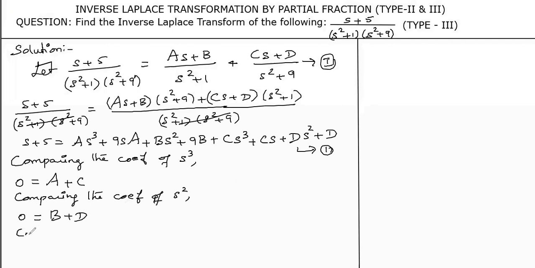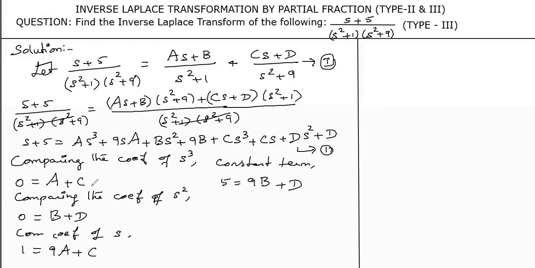Similarly, comparing coefficients of s, the coefficient is 1 equals, wherever we are having s, 9a, and another s is c. 9a plus c is there. Fine. Now again comparing coefficients of constant term. The left hand side is 5. So 5 equals, here 9b is a constant, and similarly d is constant.